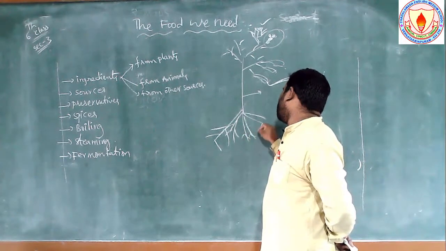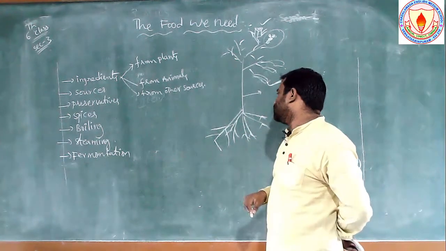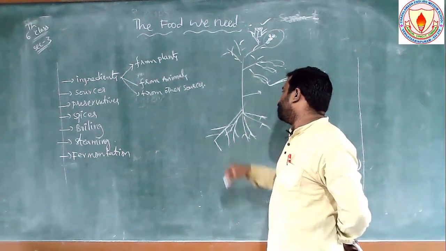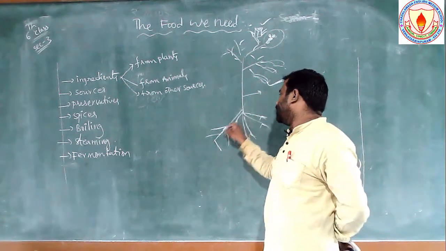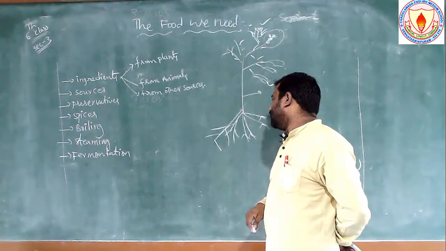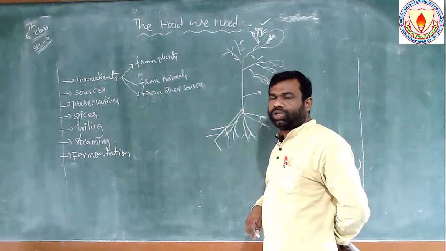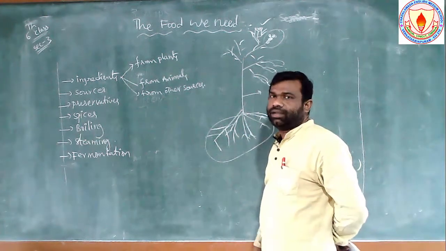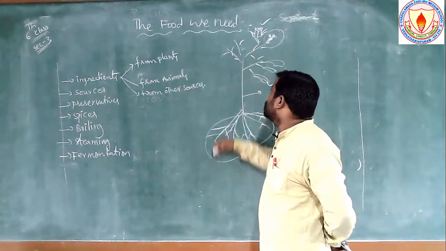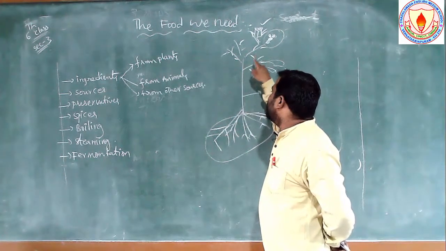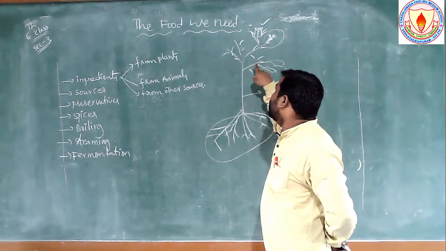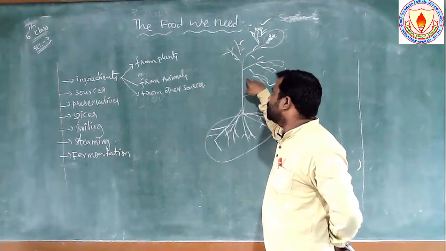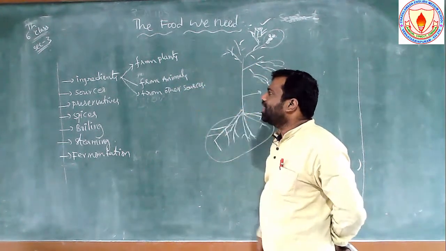Onions and potato are modified stems, and groundnuts too. Those are the parts which we use to eat. So mainly the parts of the plants we are using to make the food material.